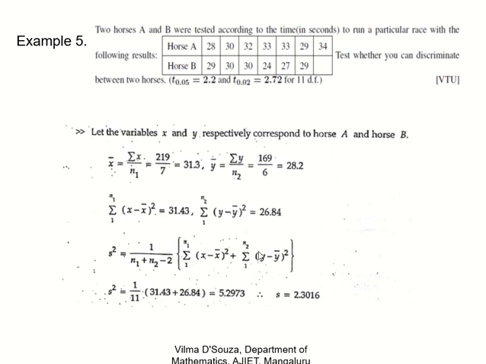Find the summation and substitute. So s square will be, what is n1 here? n1 is 7, n2 is 6, so 13 minus 2, that is 11. So s square is 5.2973, and s is the square root of that, that is 2.3016.